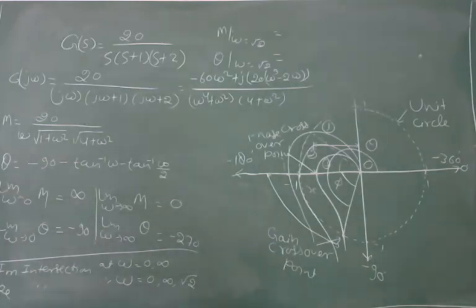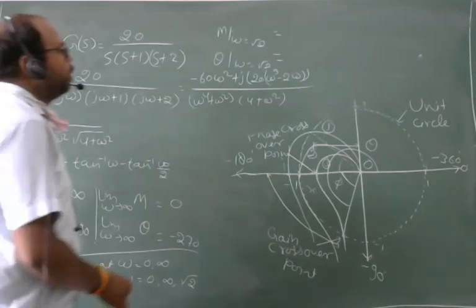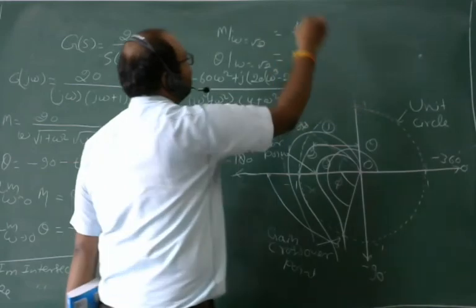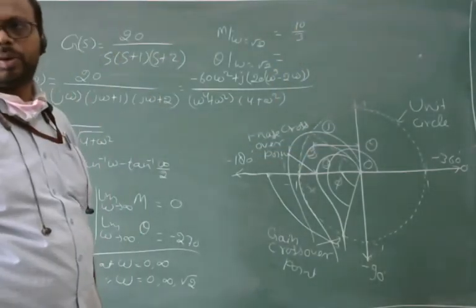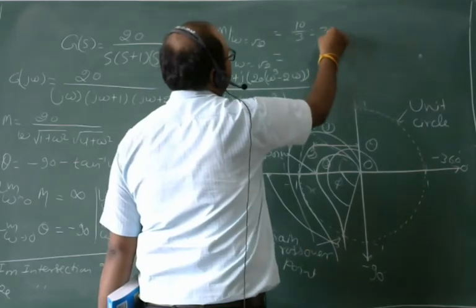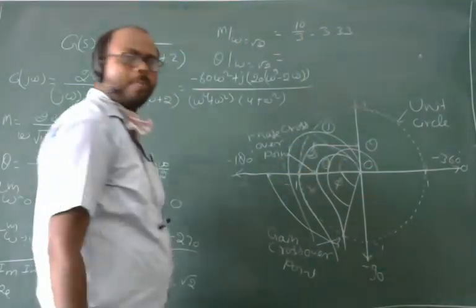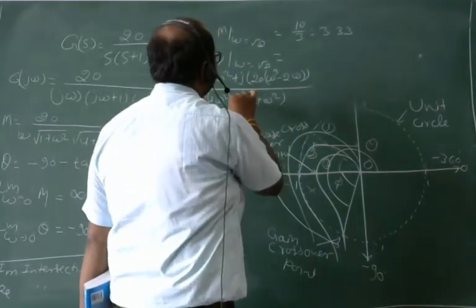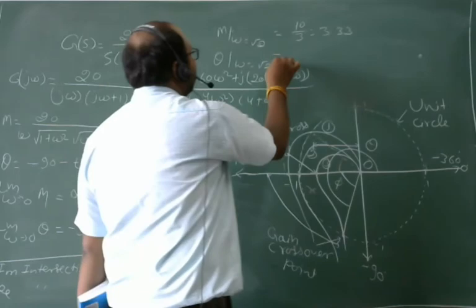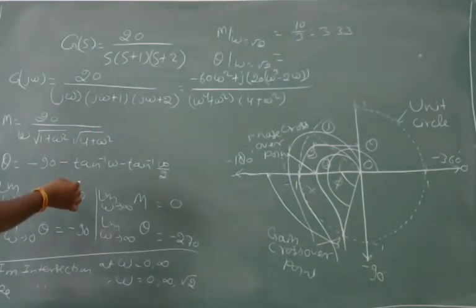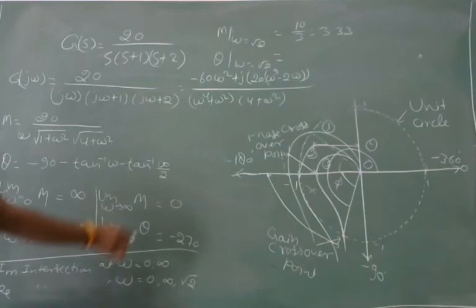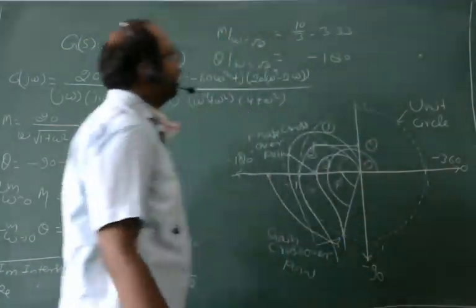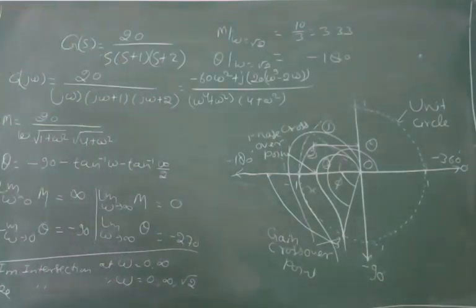So this will be 20 by 6, or 10 by 3. M is equal to 10 by 3, which is equal to 3.33. And what is the angle? Angle will be minus 90 minus 90 minus 90 minus 180, minus 180 degree. Right?